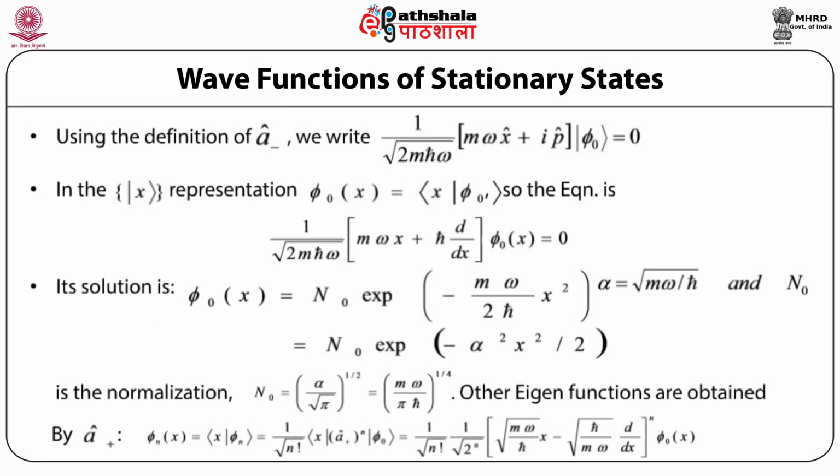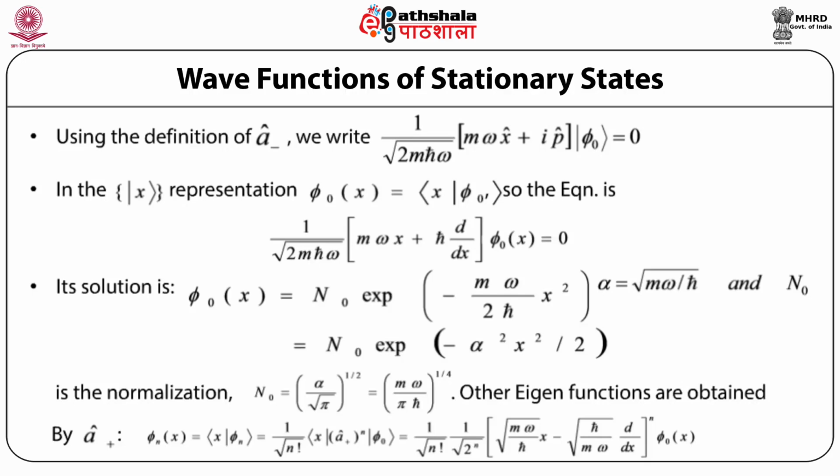Wave functions of stationary states. Now, using the definition of the lowering operator A minus, we can write that 1 upon under root twice the mass times h cross times the angular frequency omega, multiplied by within brackets m omega times the position operator x plus iota times the momentum operator p, times the eigenvector phi naught is equal to 0.